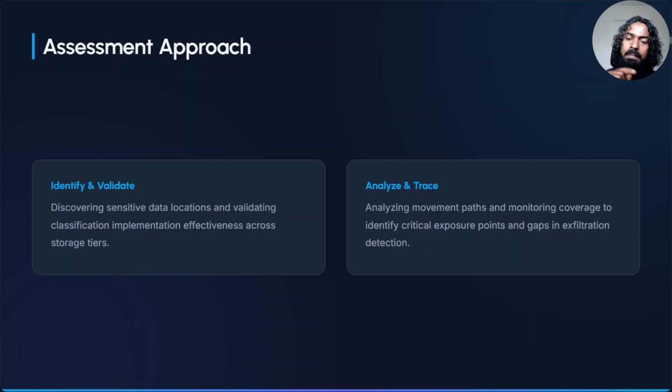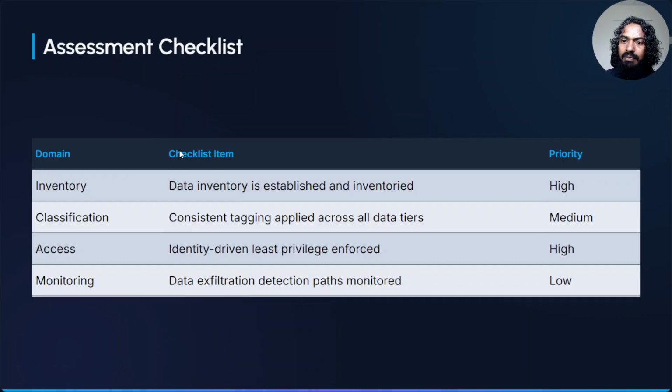Then we map everything together, because individually controls may look very good, right? But architecture actually reveals the gap between them when you assess it from this perspective. So at a high level, what we validate is: do we know where our data is? Is classification consistent?